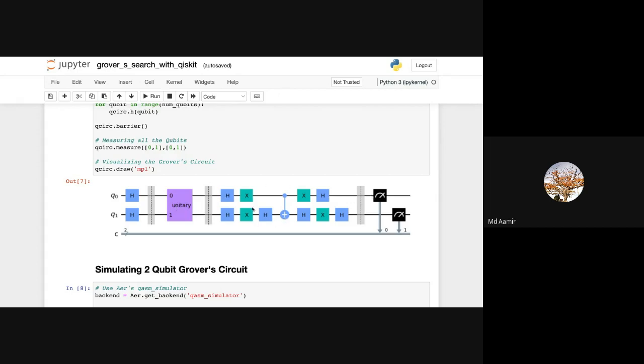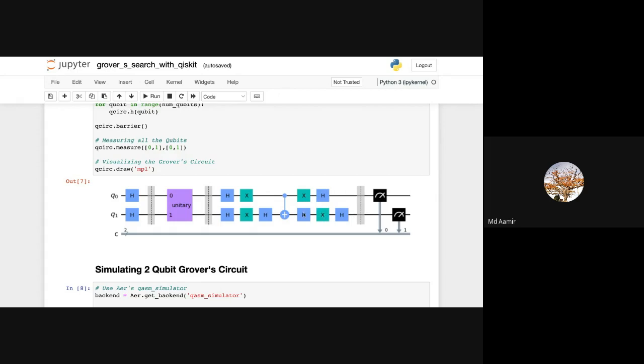The Hadamard, the X and the CNOT, this is what we call the diffusion operator, the whole diffusion operator. If we recall the circuit we had for the diffusion operator, we had H tensor n, then the operator 2|0><0| minus I, and then the Hadamard operation, H tensor n again.